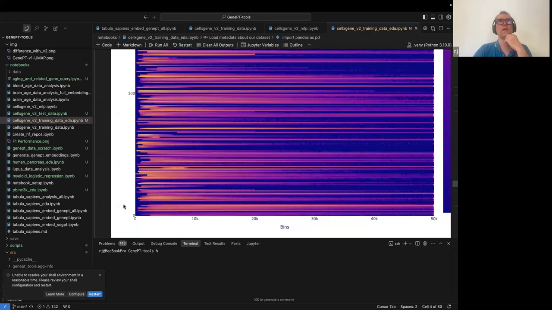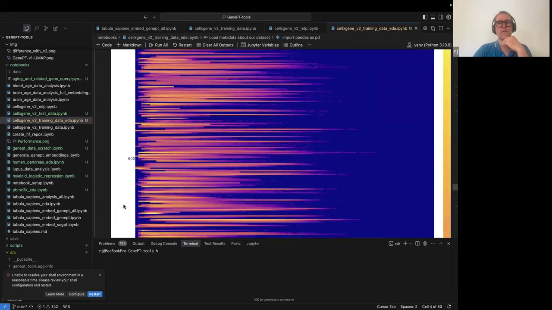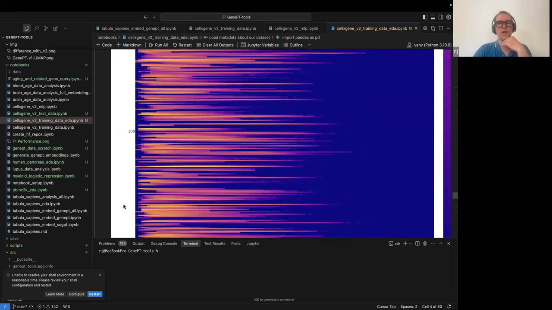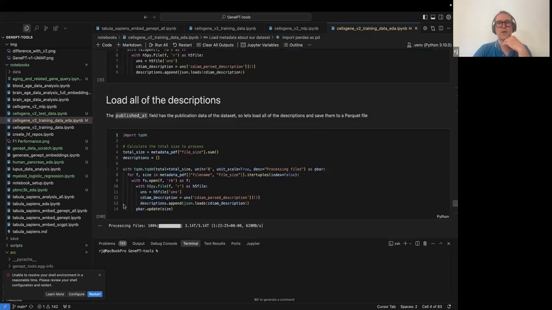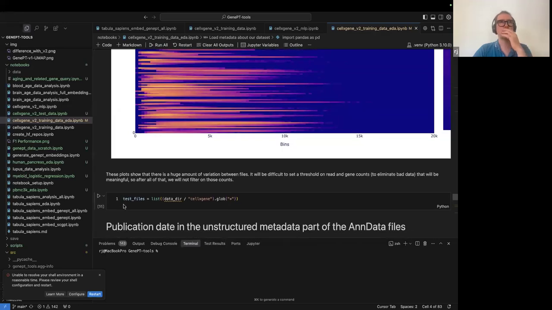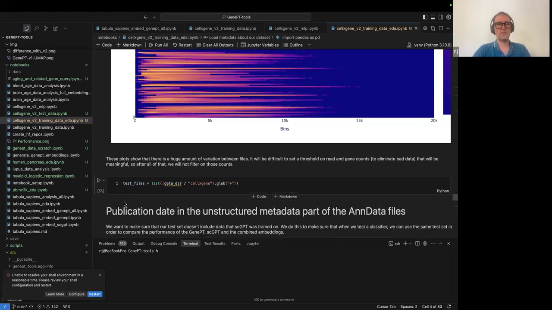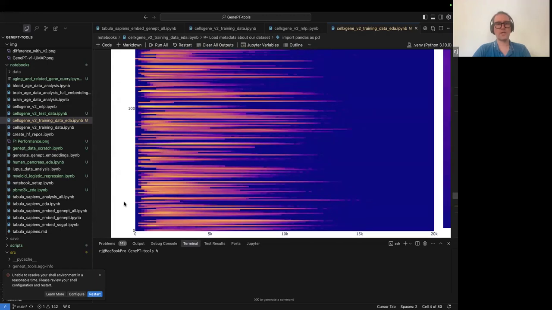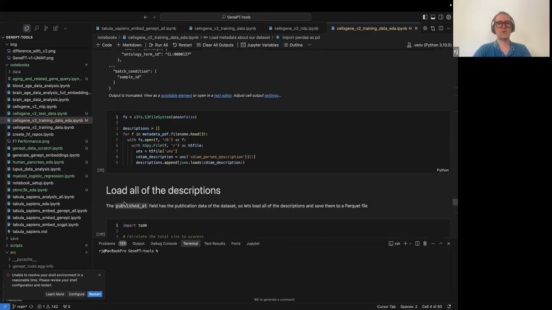We're not going to have any discriminatory factors that exclude data from any given file. Does that make sense? I want to make sure I'm not boring you with data analysis details, but I wanted to talk about how we're selecting the training set. Any questions?